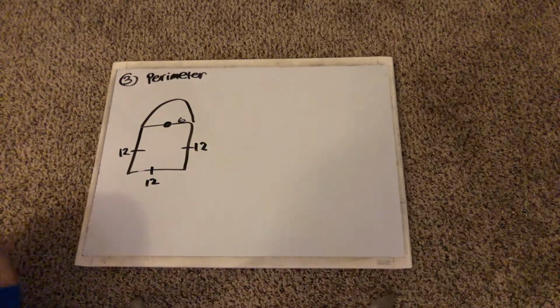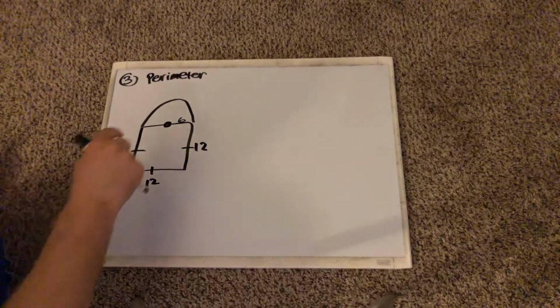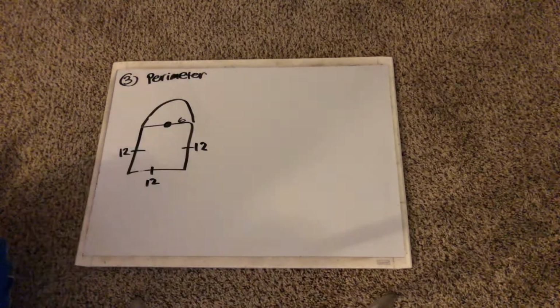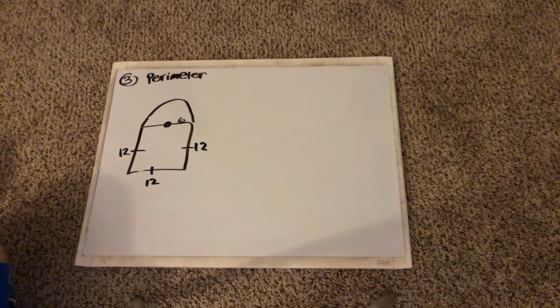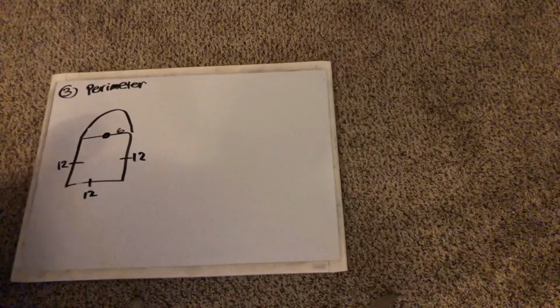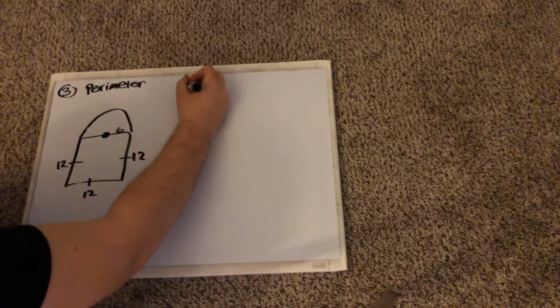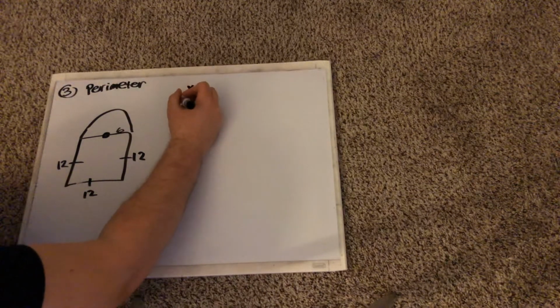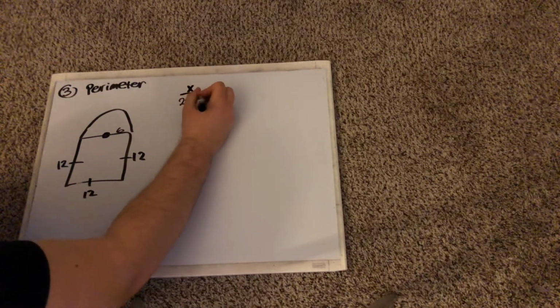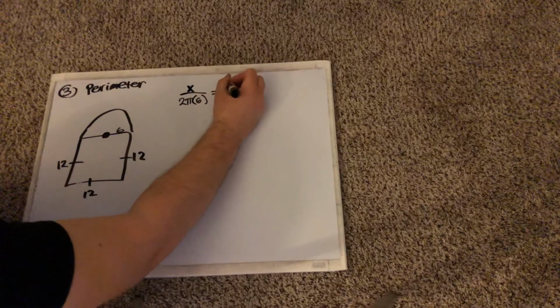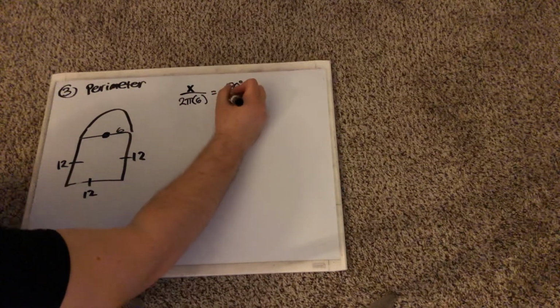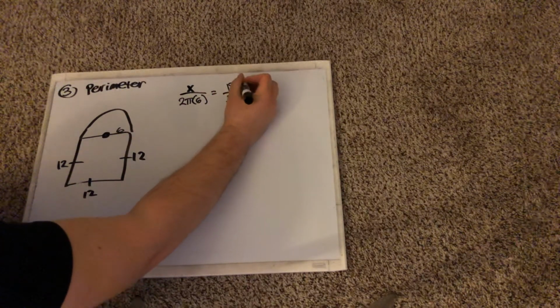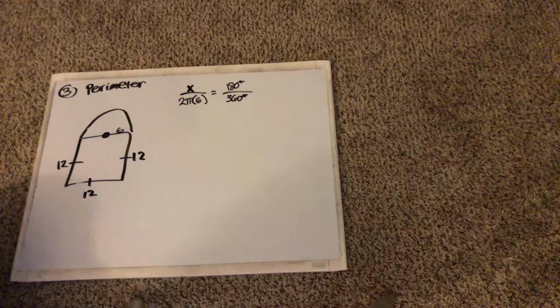Well, that's cool. Okay, well, I need to find this. This is a half circle, which is a semicircle, which is 180 degrees. So if I do x over 2 pi times 6 equals 180 degrees over 360 degrees, automatically the degrees cancel out.